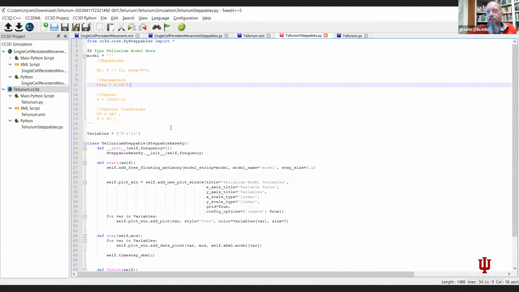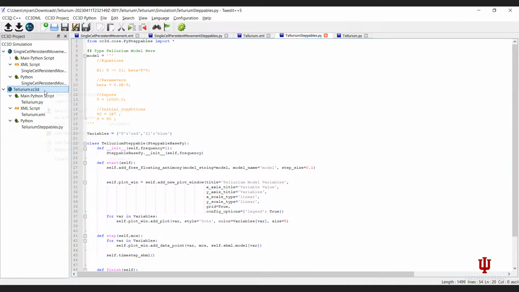Under variables, you have to have T : red, and then comma. So it's T : and then the color, comma, I1 : the color. There we go. Try that. Okay. There we go. That works.